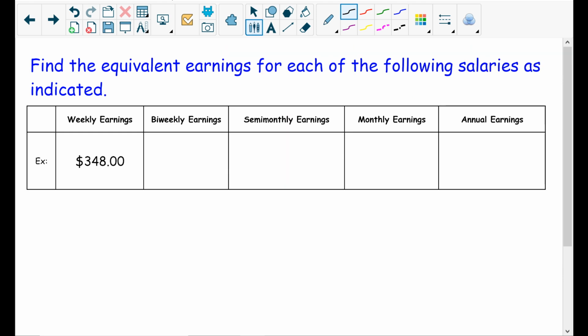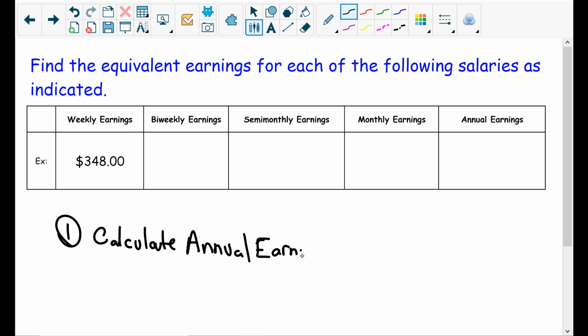The other type of problem here is calculating our earnings per pay period. To do that, first thing you want to do is calculate the annual earnings. We're looking at weekly earnings, so how many weekly checks are there? 52. Bi-weekly, 26.